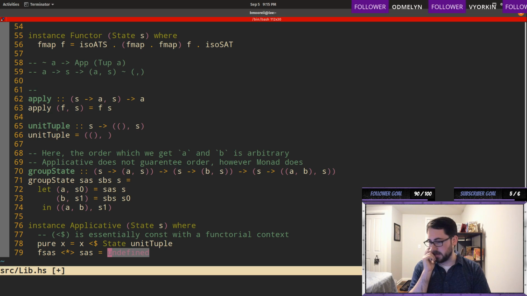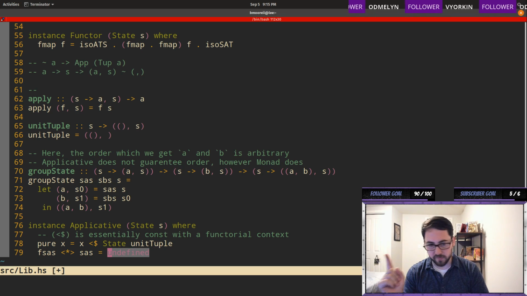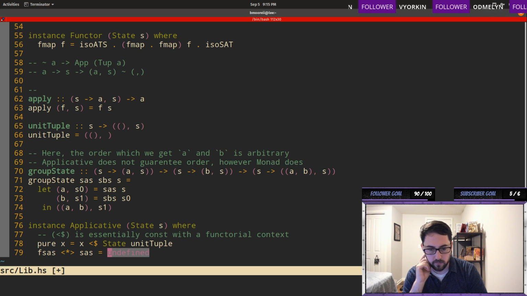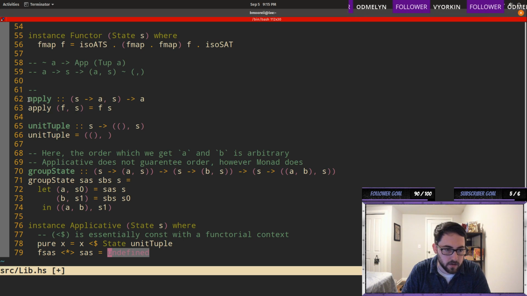Although you mentioned I'm going to use group state and something else. I think it was group state and probably apply, if I had to guess, because this is kind of what we have.